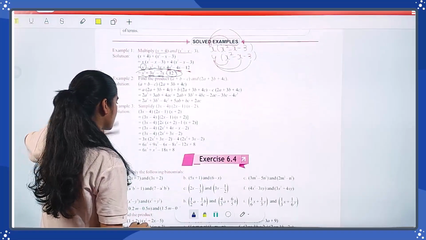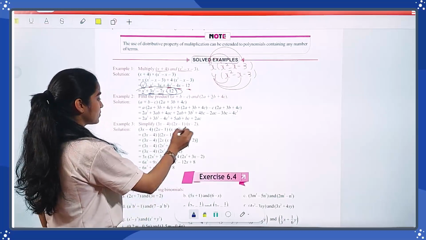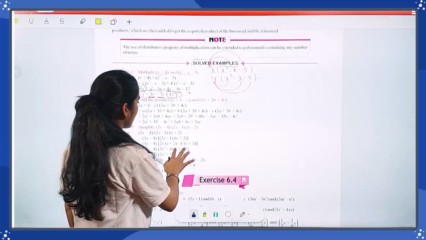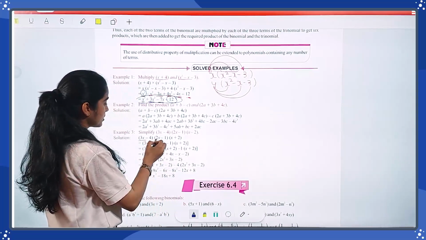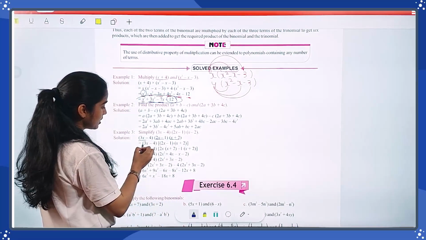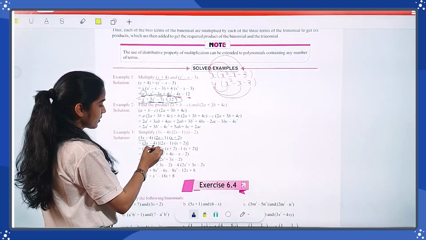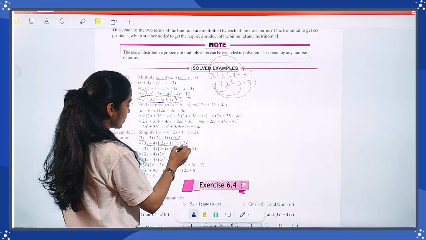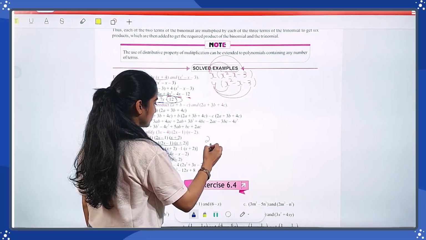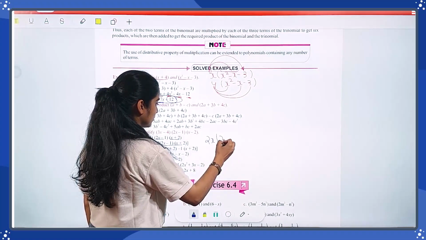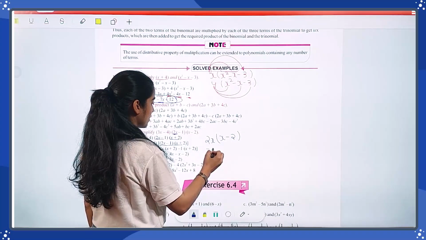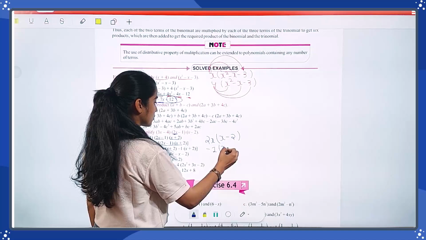So I hope students this is clear to you. Now this one you have, so how you have to calculate, again the same thing you have to do: 3x minus 2x minus 1. So first take 3x square, 3x minus 4, 2x minus 1, x plus 2. First you solve this one. 2x and x minus 2, minus 1 and x minus 2.